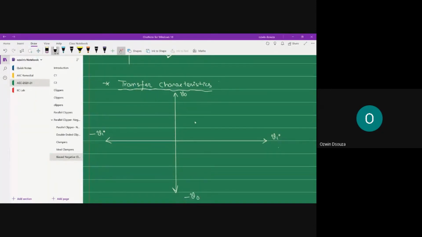During the positive half cycle, we know that when your input is 0, output will be at minus 2.3 volts level. So let me mark minus 2.3 volts level.